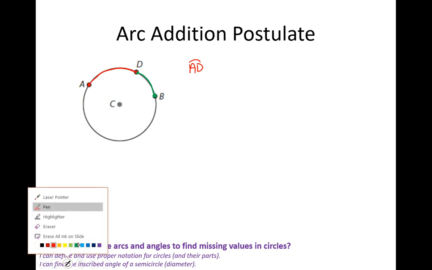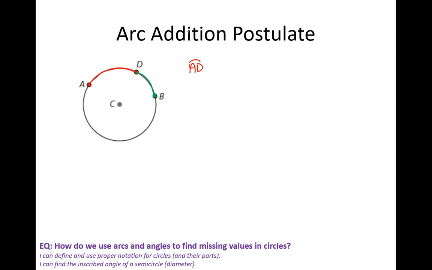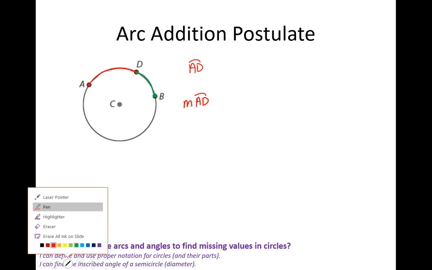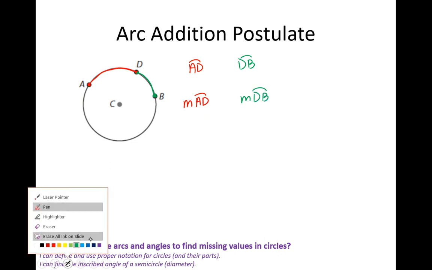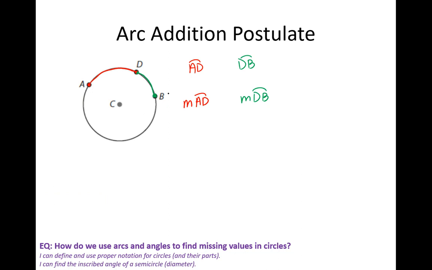While I'm here, I'm going to go ahead below this, give yourself just a little bit of space, and I'm going to say the measure of arc AD, because we're going to write 2 things here. All right, so I'm going to switch to green for a minute. Give yourself a little bit of space, because we're going to write the word and in there. And I'm going to say arc DB. And down here, I'm going to say measure of arc DB.